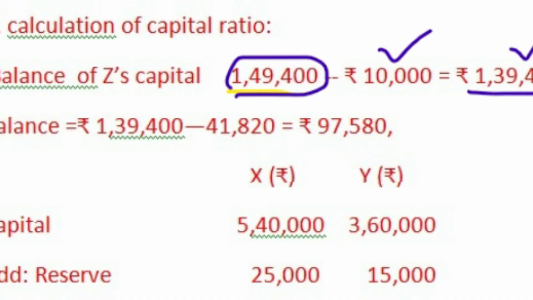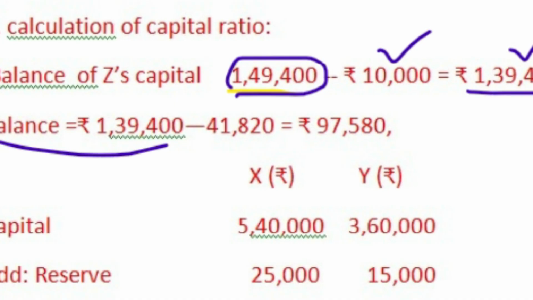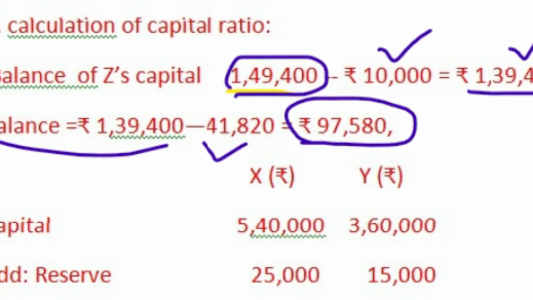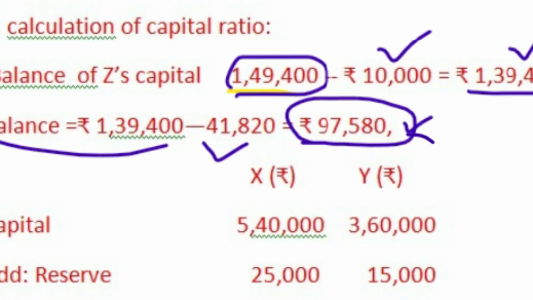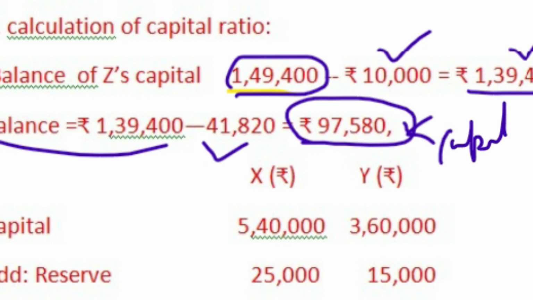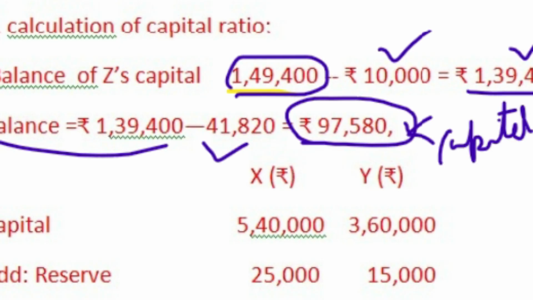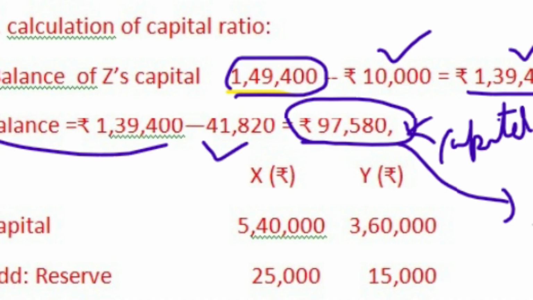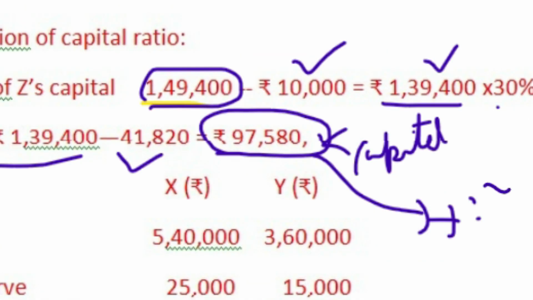The remaining 70%, that is 1,39,400 minus 41,820, is 97,580. Now this is the capital loss. Z will not bring this amount into the partnership business. This capital loss will be shared by X and Y.